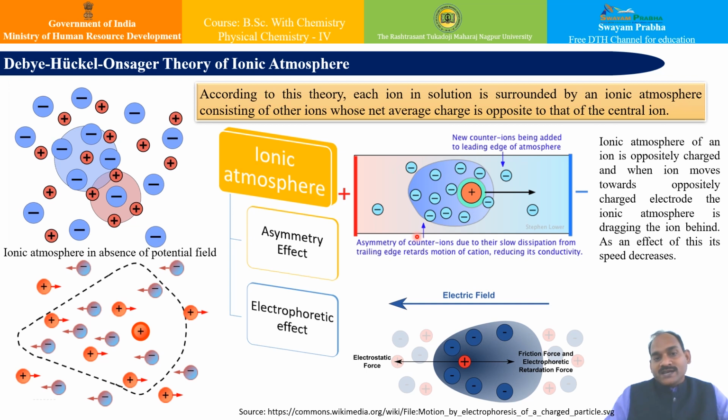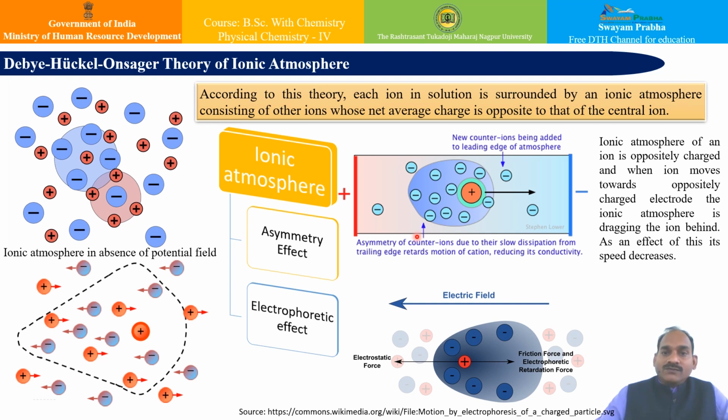We'll try to understand what is ionic atmosphere and how the asymmetric effect and electrophoretic effect are taking place. So now, in many cases of say strong electrolyte, the Ostwald dilution law does not follow. That we have seen. We do not get a straight line on plotting the Ostwald dilution law.